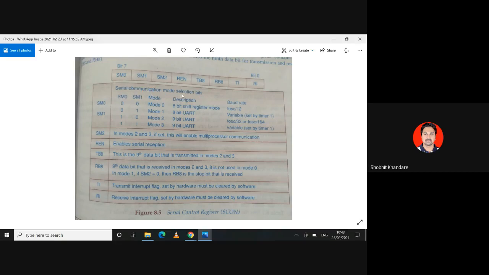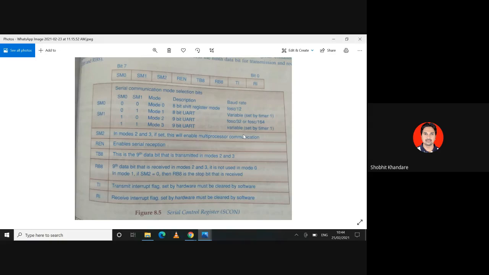Serial communication mode selection bits SM0 और SM1 है. तो SM0, SM1 वो मोड कौन से में है, उसका डिस्क्रिप्शन क्या है और उनका रेस्पेक्टिव बॉड रेट क्या है. Description and their baud rate.